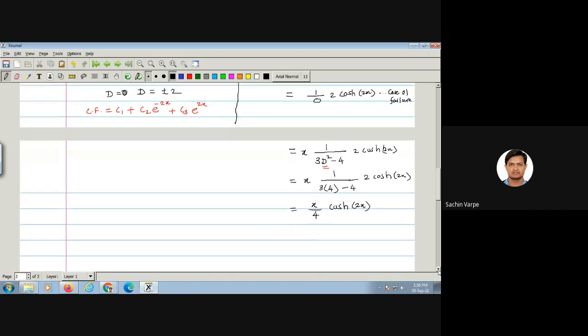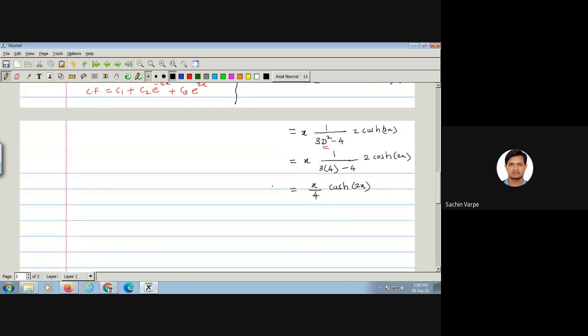As we can see here, d is completely eliminated to the particular integral, so that is our correct particular integral. Provided that you should be confident about the calculations. So, and therefore the complete solution, or it is also called general solution, is y is equal to cf plus pi, that is c1 plus c2 e to the power minus 2x plus c3 e to the power 2x plus x by 4 hyperbolic cos 2x.